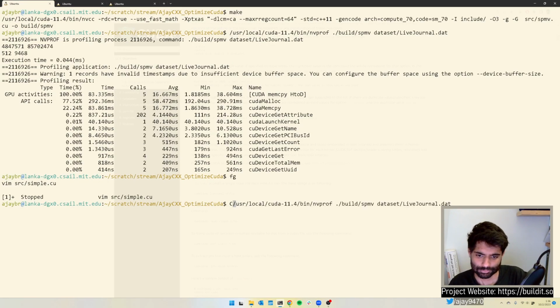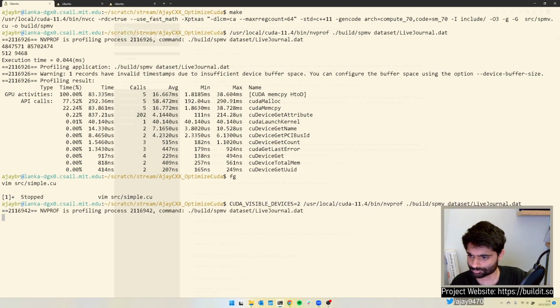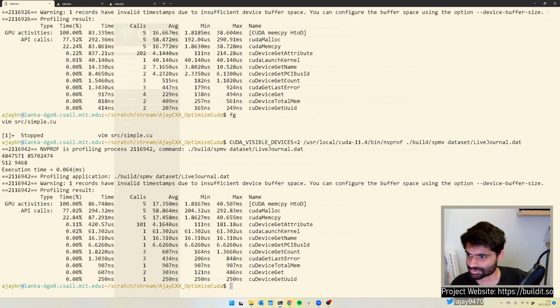Also try this. CUDA, a different GPU. It still doesn't help.